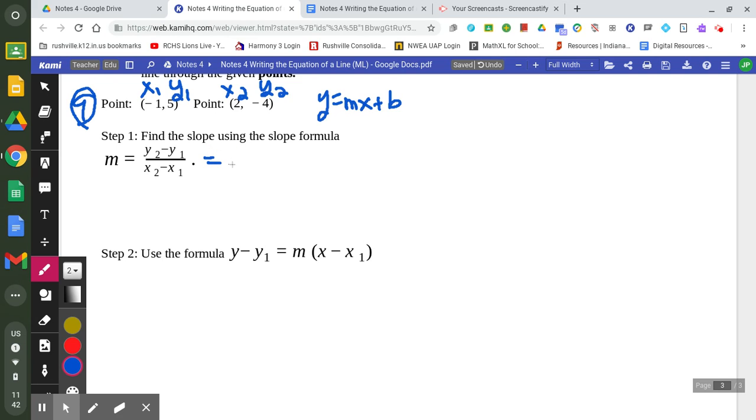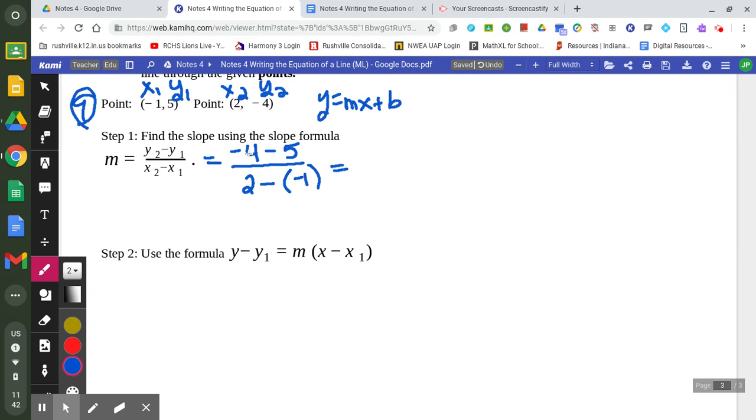So m equals, my y2 is negative 4 minus y1 is 5 over x2 is 2 minus x1 is negative 1. So remember, we have 2 minus a negative 1.